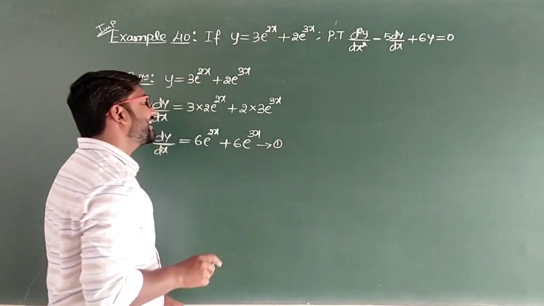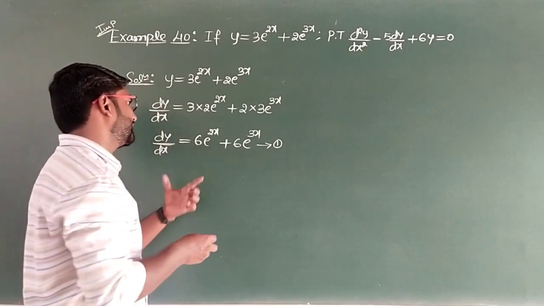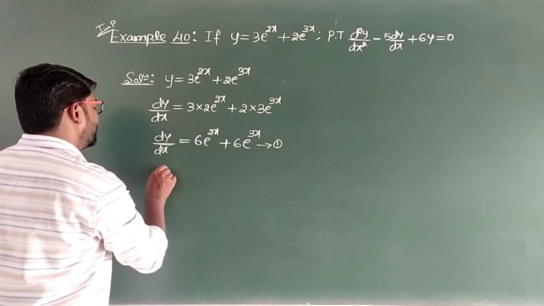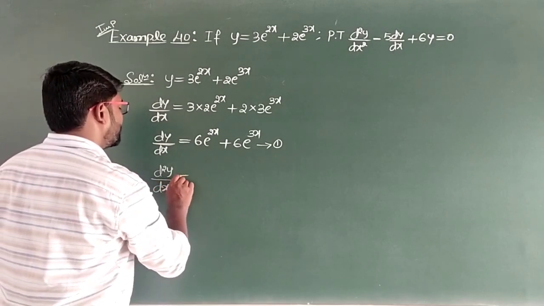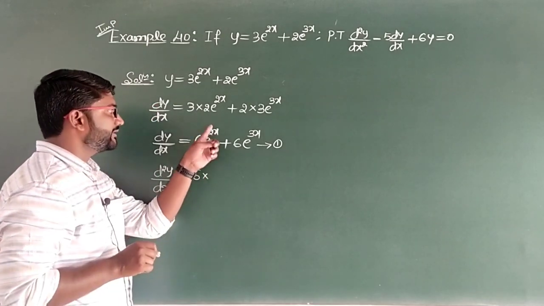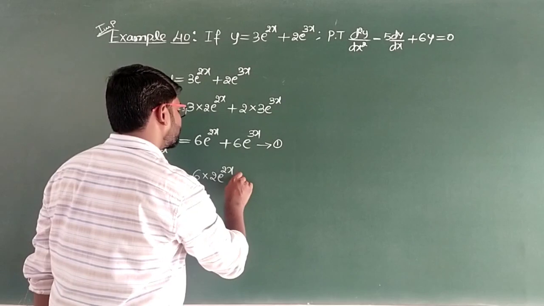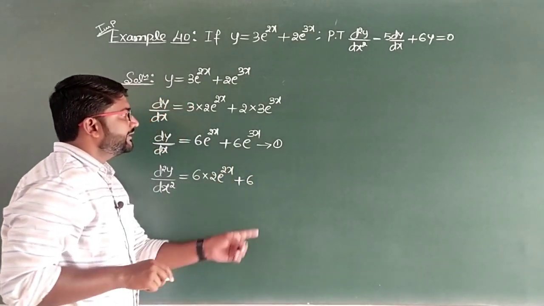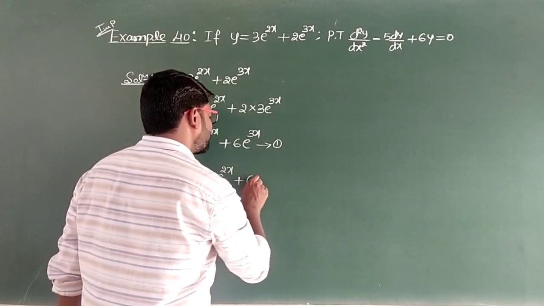So in order to get d square y by dx square, once again we will have to differentiate both the sides with respect to x. So we get d square y by dx square, which is equals to, so 6 write it as it is. Then derivative of e power 2x will be 2 times e power 2x plus 6 write it as it is, then derivative of e power 3x will be 3 into e power 3x.